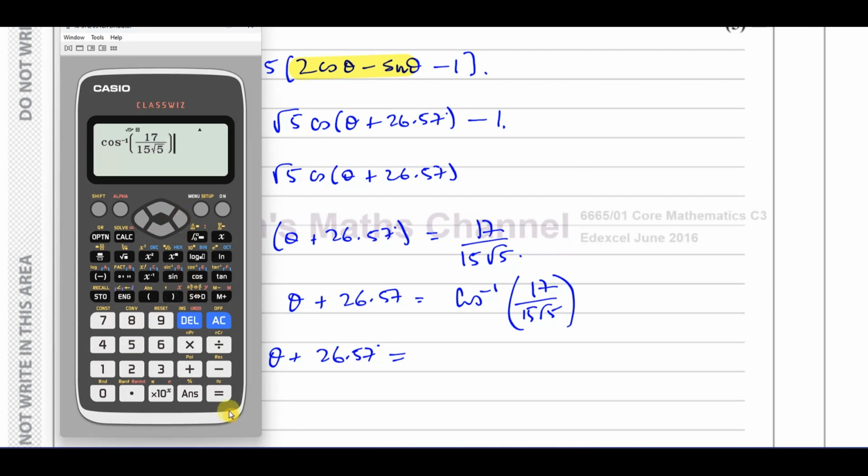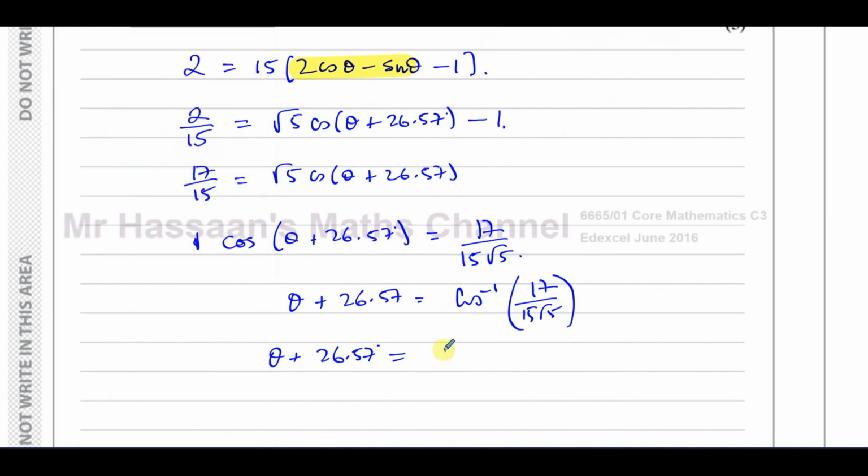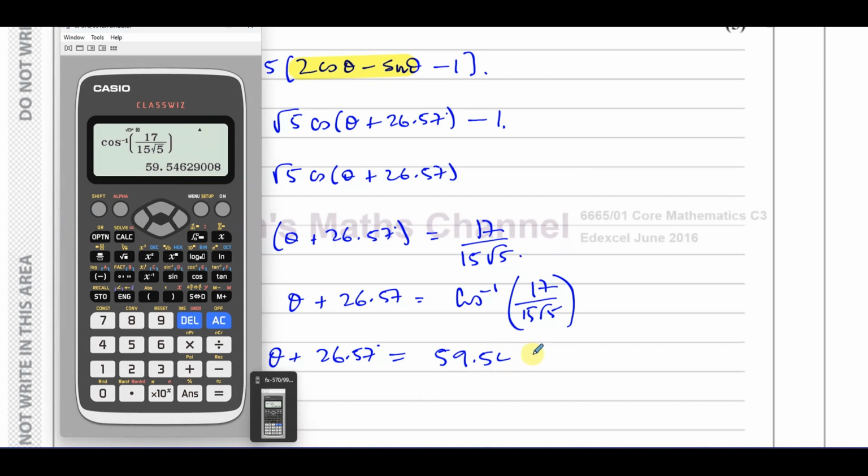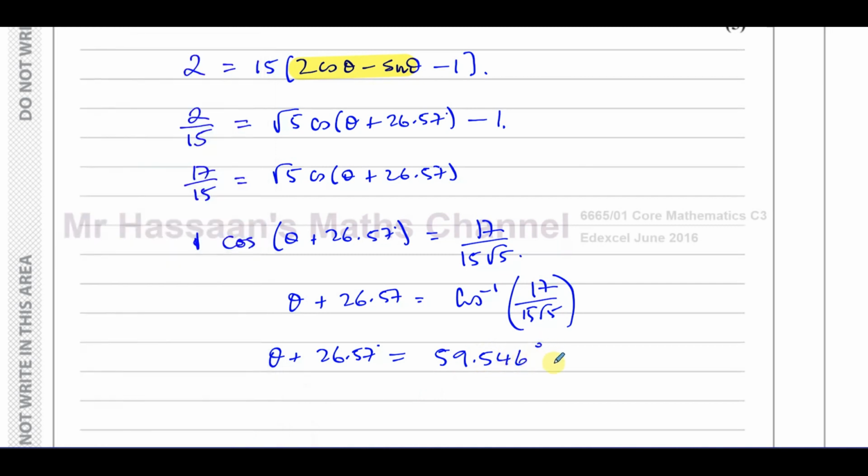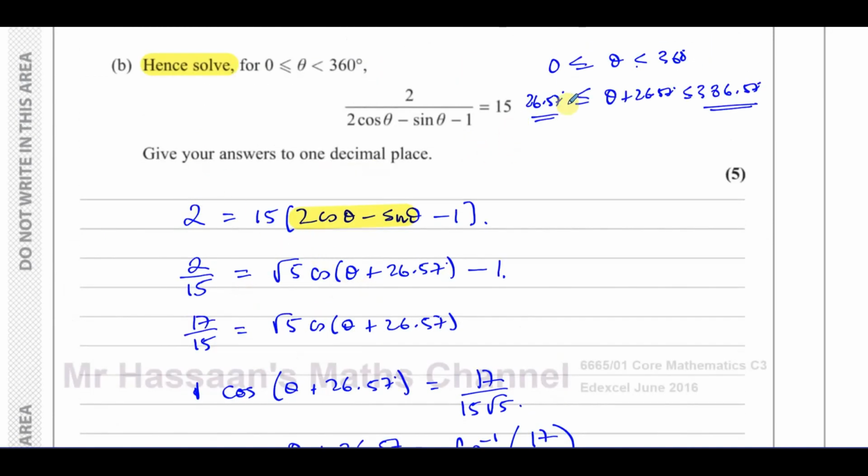That's going to give us the principal solution, which is 59.546. The answer should be to 1 decimal place, so that's good enough for now, but just write it to a higher degree of accuracy, 59.546 degrees. That's the principal solution, and that's within the range that we have set for ourselves here.